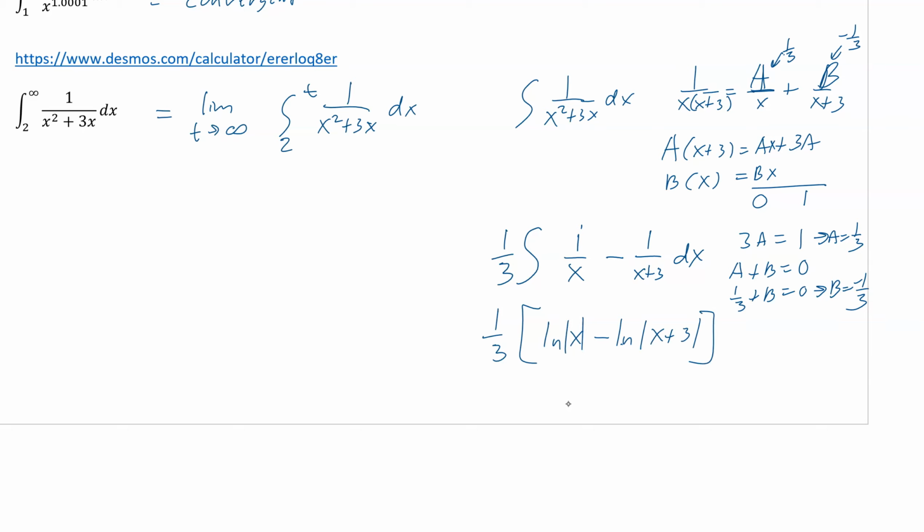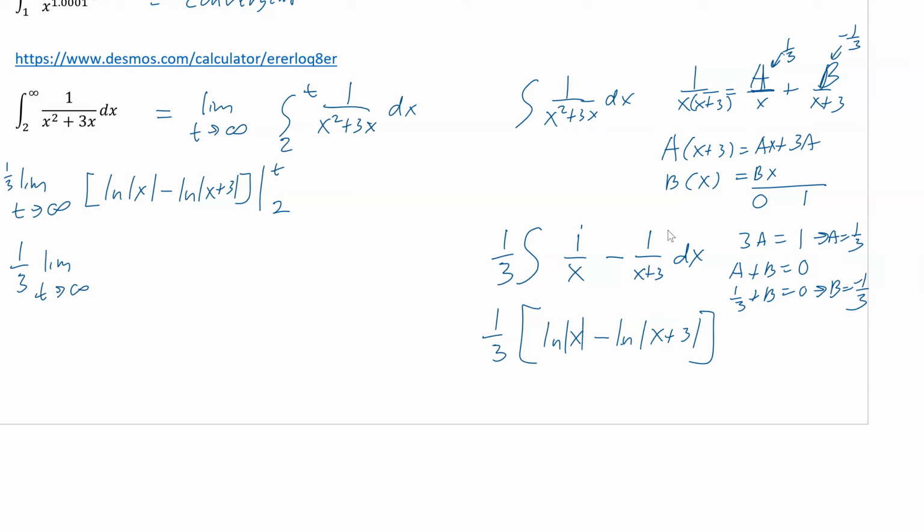All right, so now we take the limit as t approaches infinity, and there's a 1/3, so we'll just put it on the outside like that, with limits t and 2. All right, and then now we just have to plug them in.